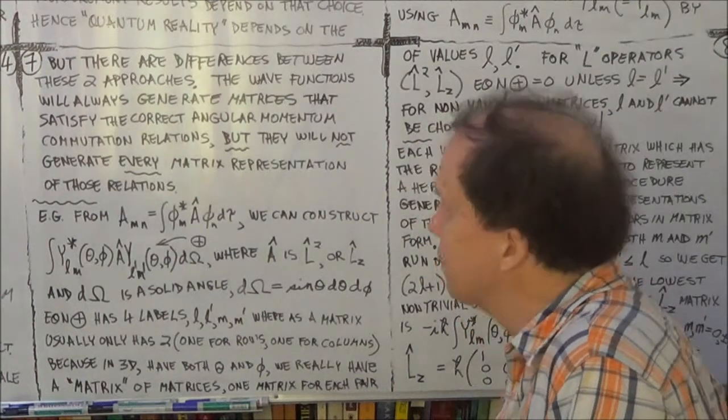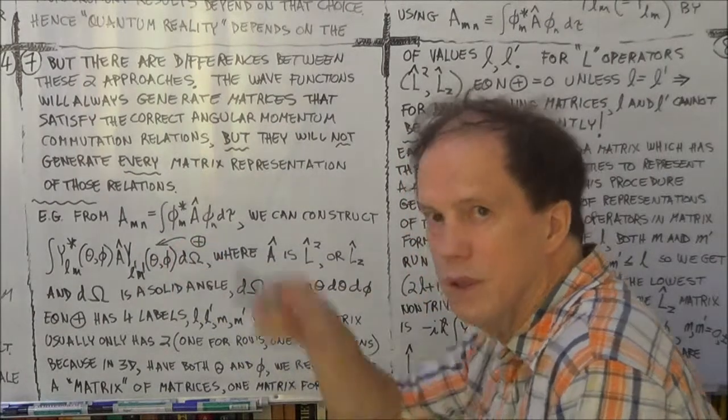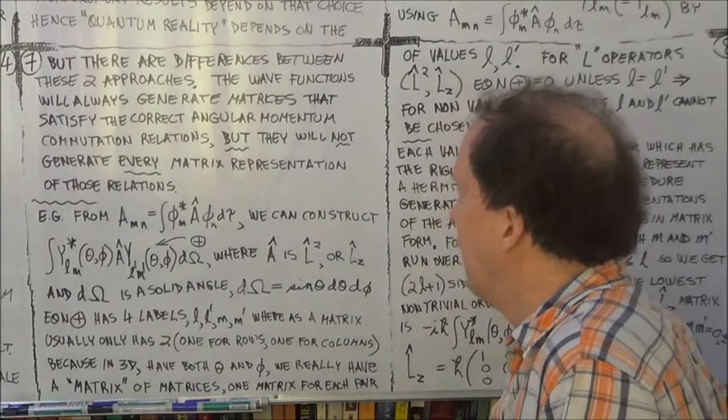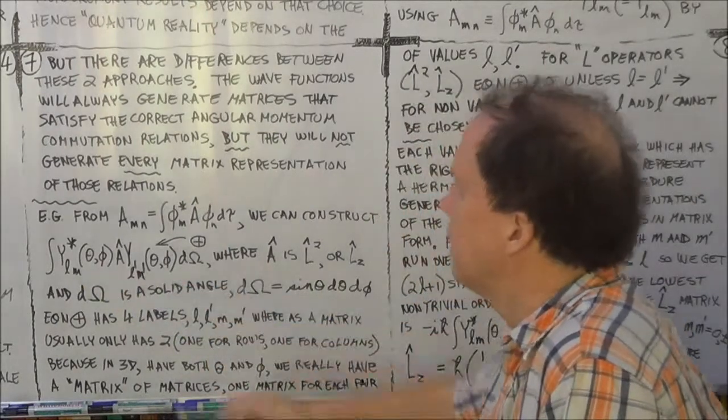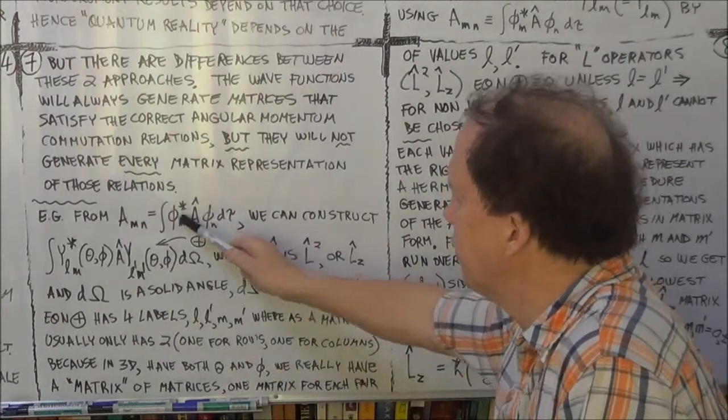So this would be just one element of, let's say, a big N times big N matrix. But here it's not so obvious, with these wave functions.